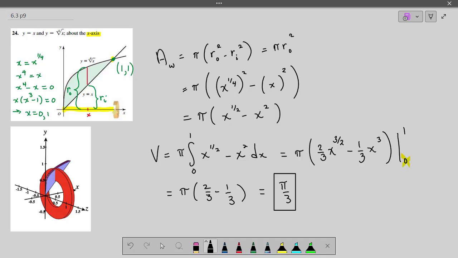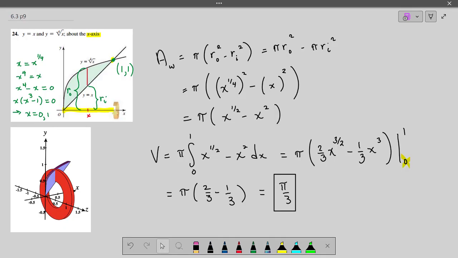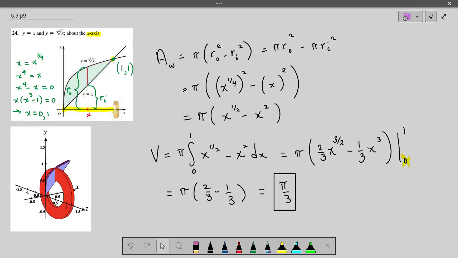So that's the area of the bigger disk, the outer disk. Exactly. So the outer curve is this one up here. So that bigger radius from there to there, that's going to create the big disk. And then r sub i is going to be this distance here. That's going to be the radius of the hole. And so that's what we're going to subtract off, whatever that distance is. Oh, okay. That makes sense.